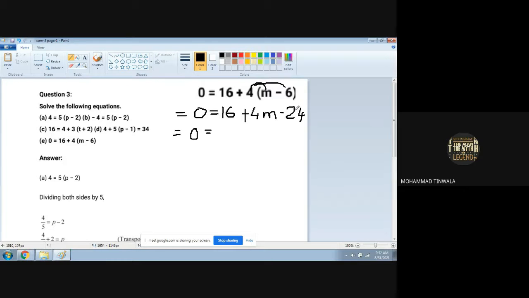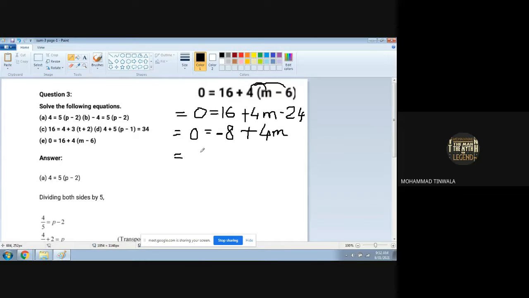So how much is 24 minus 16? 8. Now which one is greater number, 16 or 24? 24. So 24 is what, negative or positive? Negative. So that will be negative, minus 8.